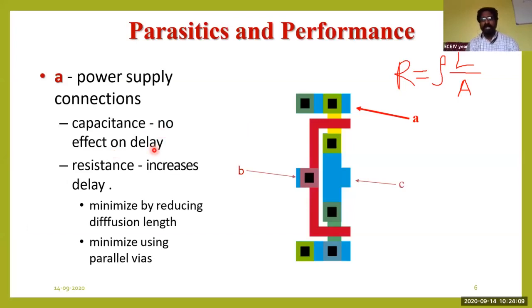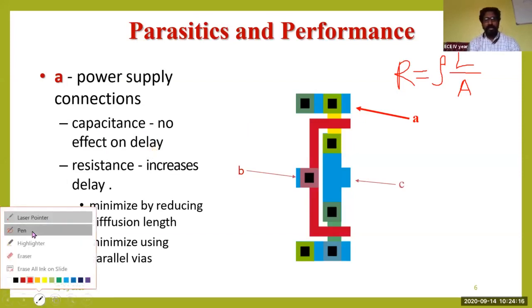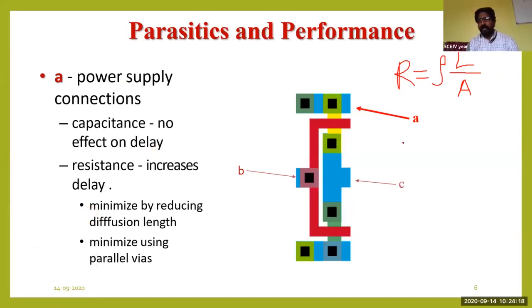If you have a larger capacitance, let us imagine, in order to make you understand, that a capacitor is a parallel connection of two metal plates. Depending upon the capacitance of this particular capacitor, if the capacitance is large, it takes a larger amount of time to charge the capacitor.